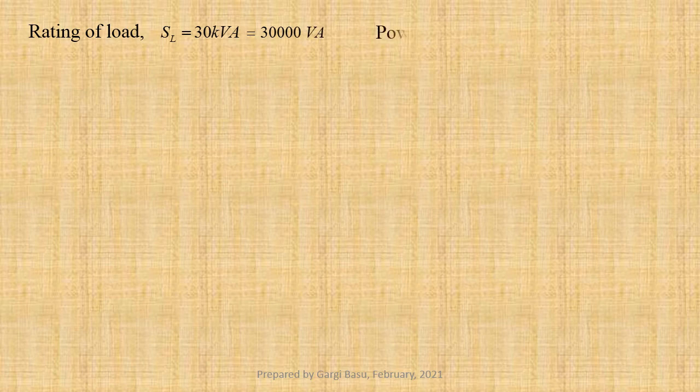Given rating of the load SL equals 30 kVA, that is equal to 30,000 volt ampere. Power factor cos phi 2 equals 0.8, therefore sin phi 2 equals 0.6.